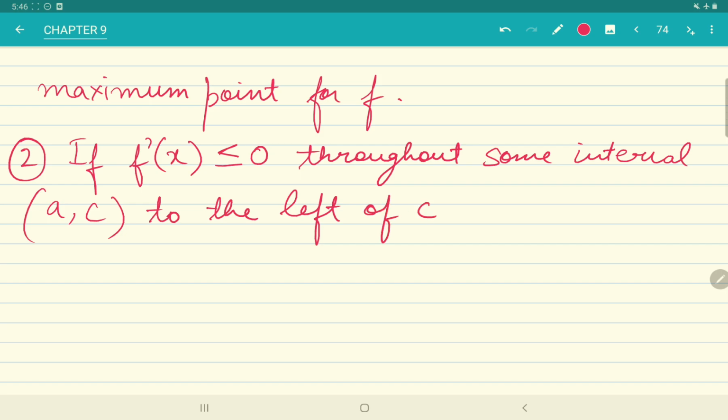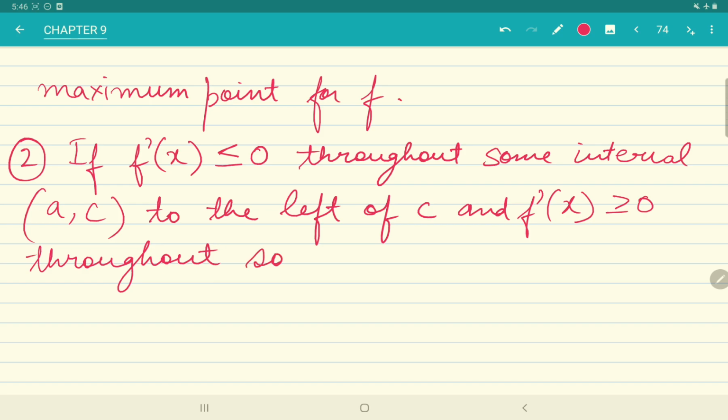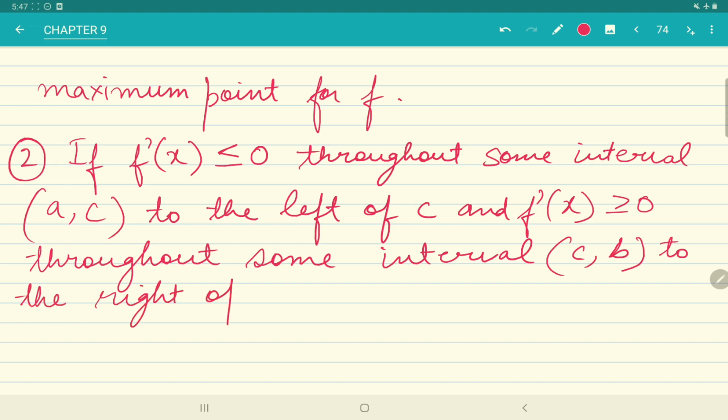The function is decreasing to the left of c, and f prime x is greater than or equal to 0 throughout some interval c to b to the right of c. So the function is decreasing to the left, it is increasing to the right.